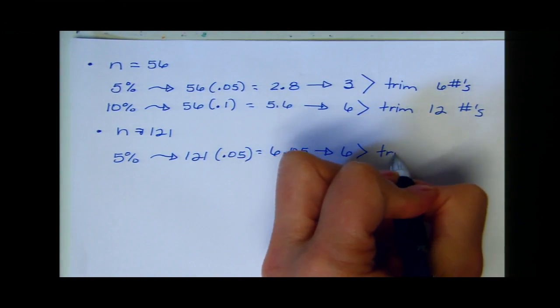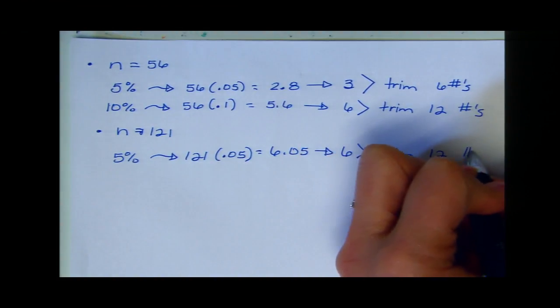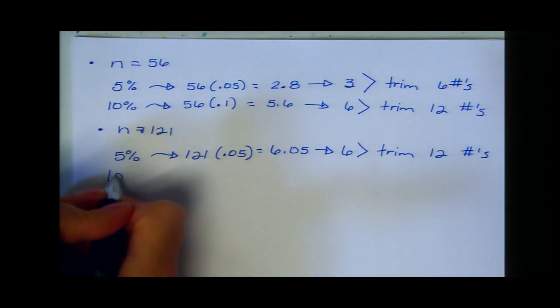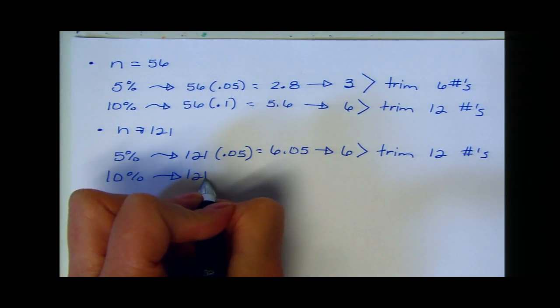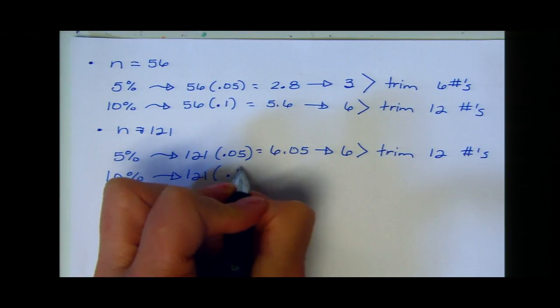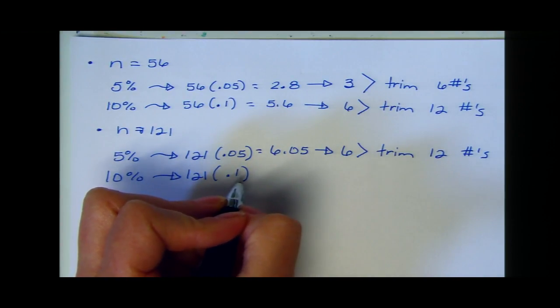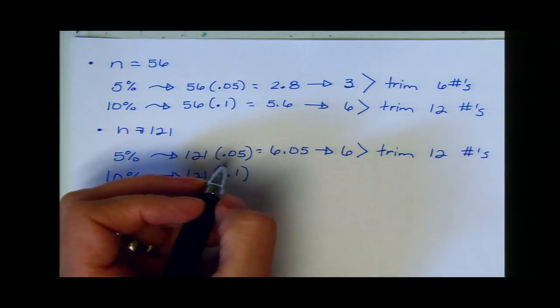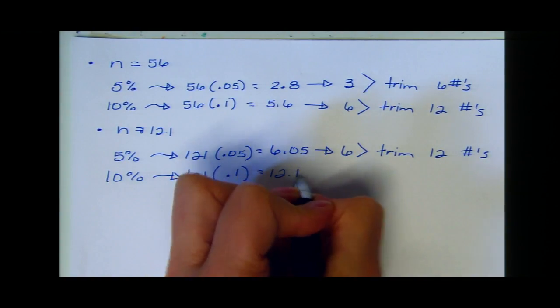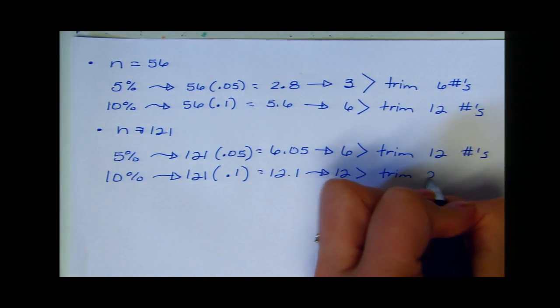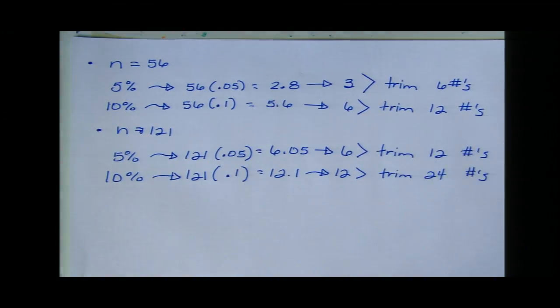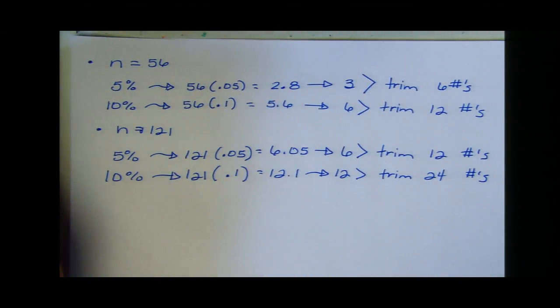So I would trim 12 numbers. 10%, 121 times 0.1, you are going to get 12.1. Normal rounding rules, that would be 12, so we would trim 24 numbers. So that's how you handle it in the case that you don't have nice, neat numbers that come out to whole numbers. So that completes 3.1.